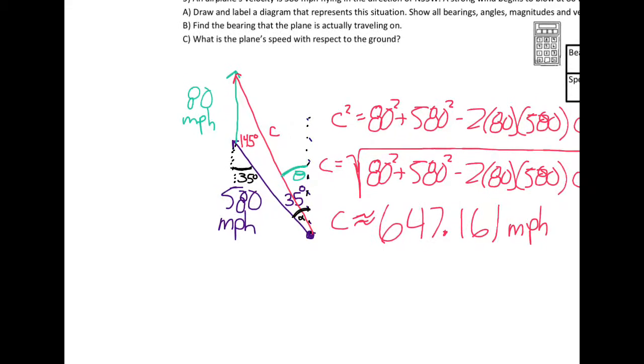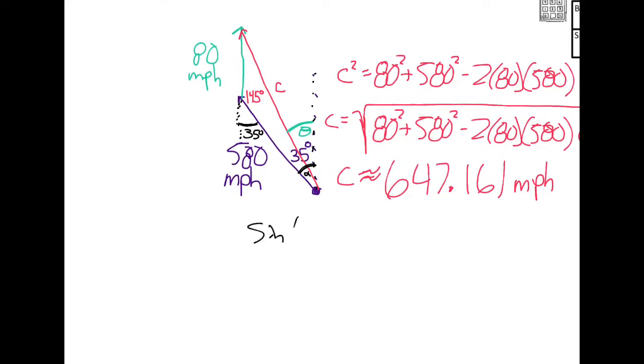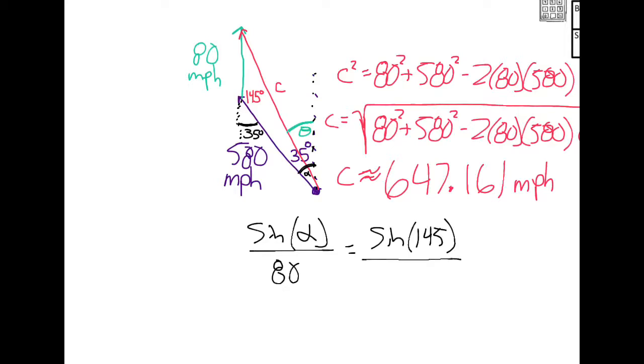We can find that using the law of sines. Side 80 is opposite of angle alpha, and we know the C and the 145. So let's say that the sine of alpha divided by 80 equals the sine of 145 divided by that value C that we just found, 647.161. And I'm going to use the exact value in my calculation and get the exact answer, not round until the very end.